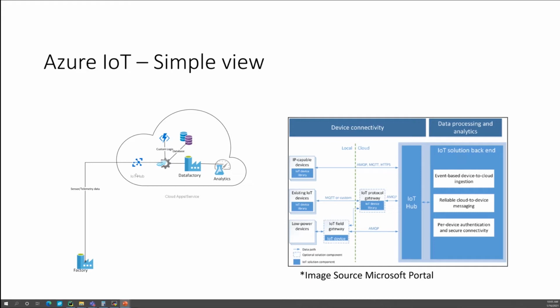Azure provides a service called IoT Hub that allows you to do a large amount of data ingestion over various cloud protocols. I have provided you with the link, and you can have a look if you are interested in learning more.